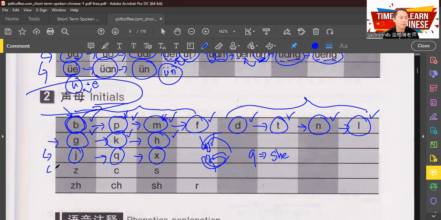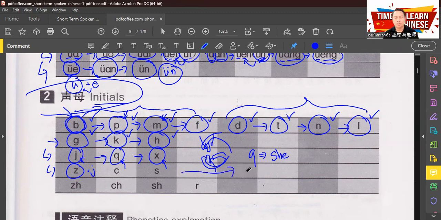Okay. For the next one, the sound is quite similar for this row. For the third row, for Z, the sound is similar to J, but the different thing is your teeth and your tongue and your mouth position, especially your teeth.